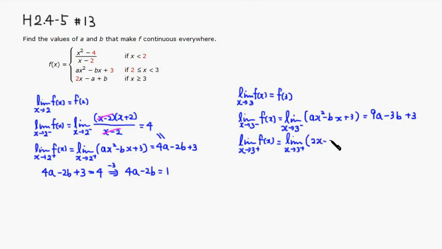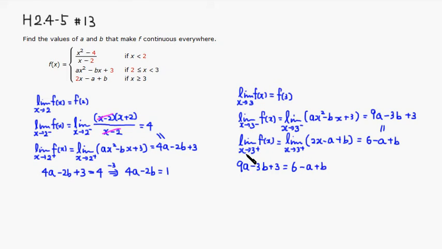So 2x minus a plus b. Right, so you can just plug in 3. So it's going to be 6 minus a plus b. Right, so we have to make sure that these two values are the same, so that the limit at 3 exists. Right, so you have 9a minus 3b plus 3 is equal to 6 minus a plus b.